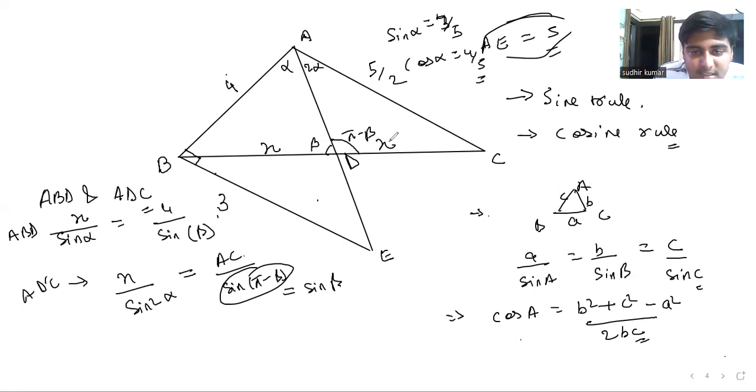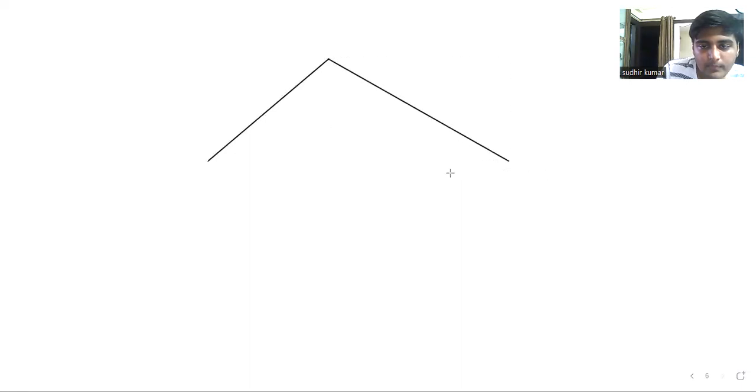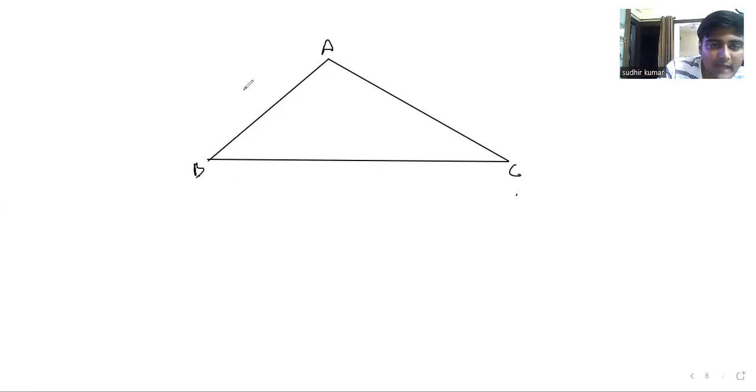Now in triangle ABC, if we apply the cosine rule, let's move on to the next page. Just draw a new figure. It was A, B, C. We had AB as 4, AC we got 5 by 2.